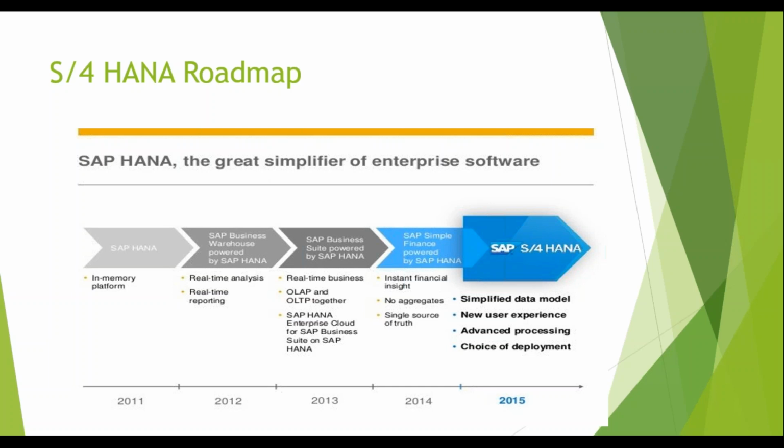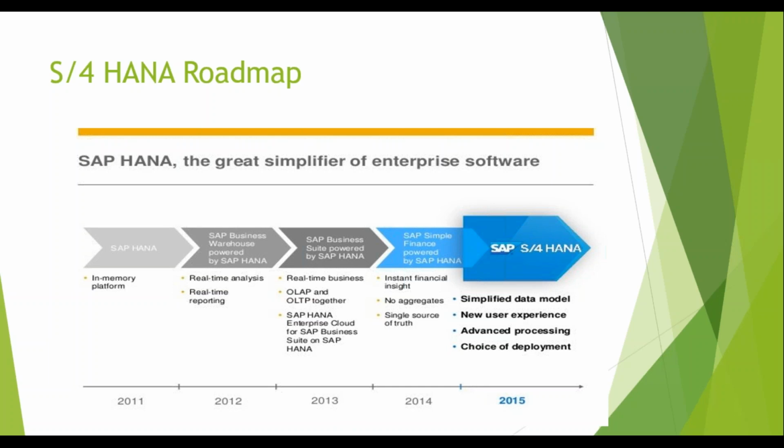Okay. The next question is, when the Business Suite powered by SAP HANA, you have mentioned the SAP HANA Enterprise Cloud. So what is that? Yes, let me explain all these points. When SAP came up with SAP Business Suite powered by HANA, which means ECC EHP 7 on SAP HANA, even for ECC customers, even for EHP 7 customers from 2013, the option was available for cloud.